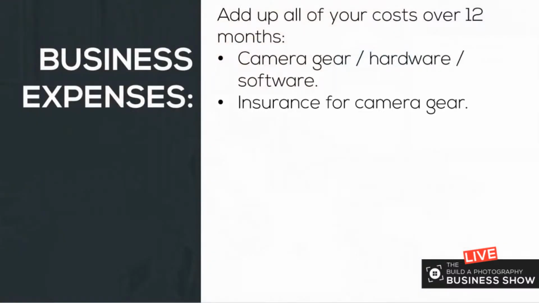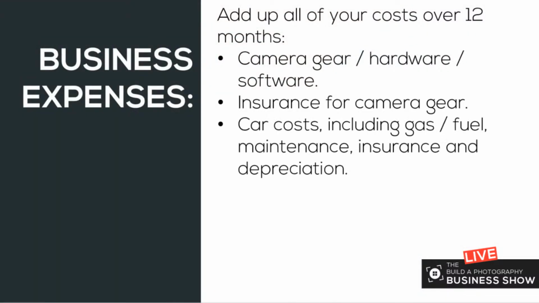Hopefully you know what your expenses are, but if not, then add up all of your costs over 12 months, and you'll want to include things like your camera gear and office hardware and software, insurance for the camera gear and equipment, car costs, including the cost of gas and fuel, maintenance, insurance, and depreciation of the value of the vehicle over 12 months.